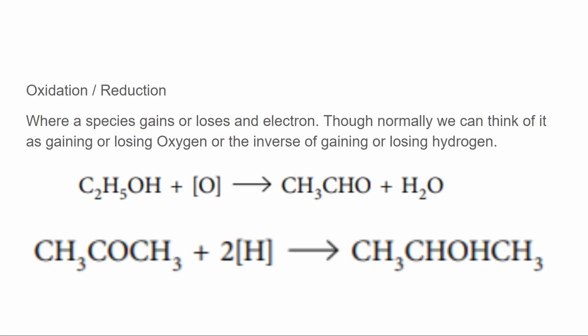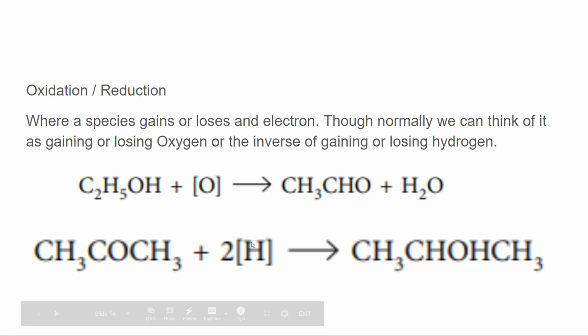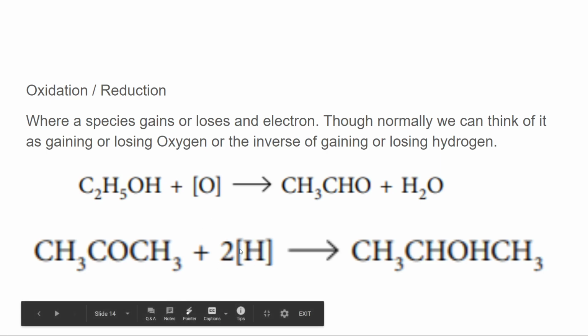We add an oxygen, or we remove a hydrogen. Likewise, with most reduction reactions, an easy way to see if it's a reduction is if we add hydrogen. That's a pretty good sign that it's going to be a reduction reaction going on there.